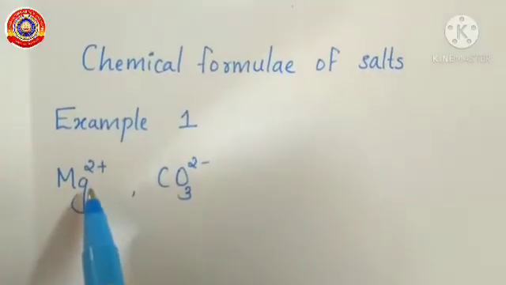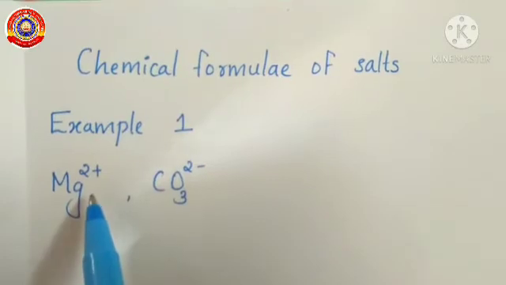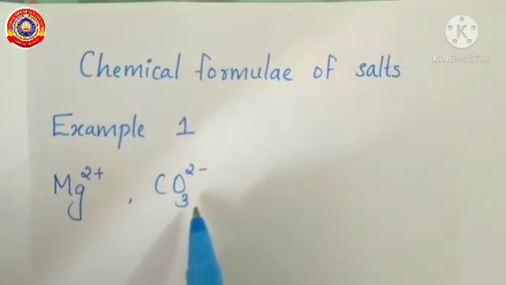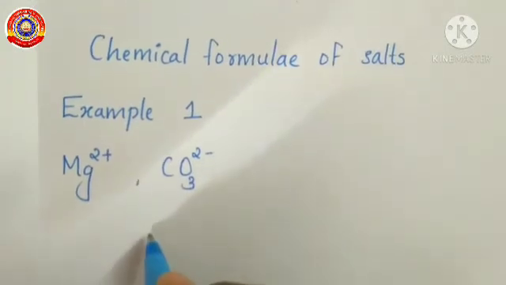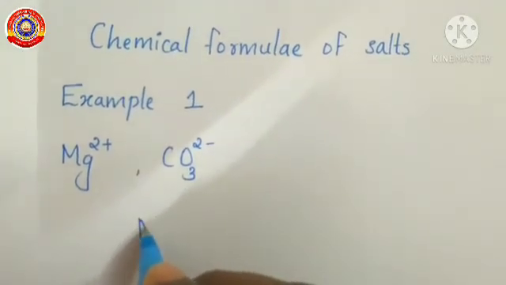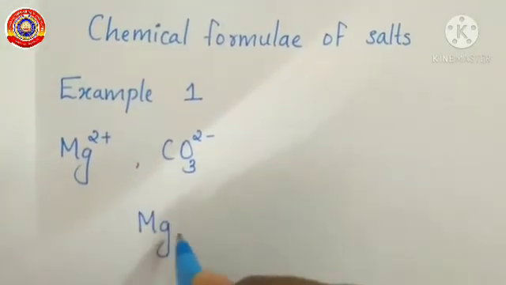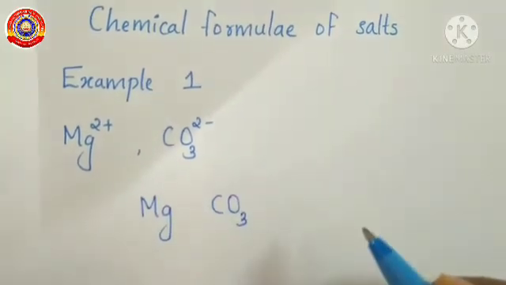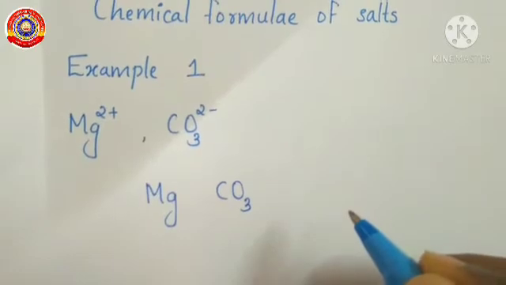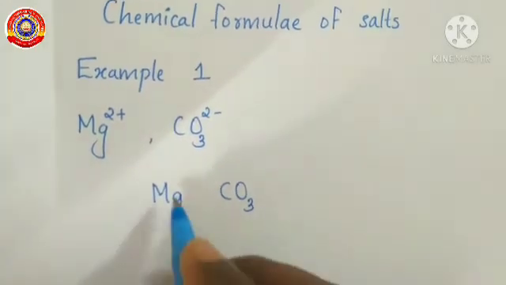Consider the positive ion Mg2+ and the negative ion CO3 2-. As per the rule we discussed, we should write the symbol of the positive ion first and then the symbol of the negative ion. Okay, so what was the second rule?